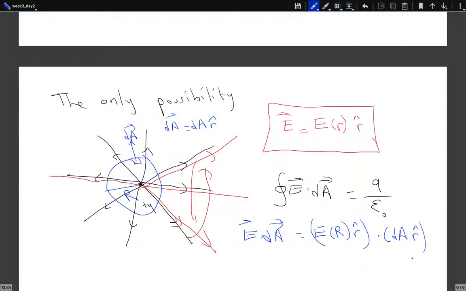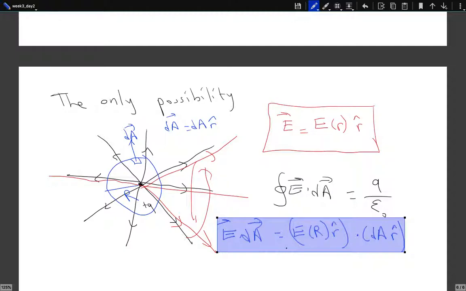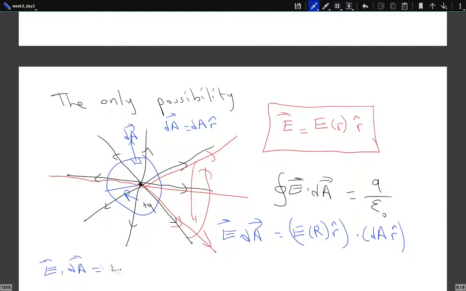So this is my electric field. This is the dA vector. If I take their scalar product, E dot dA just becomes E(R) times the area.